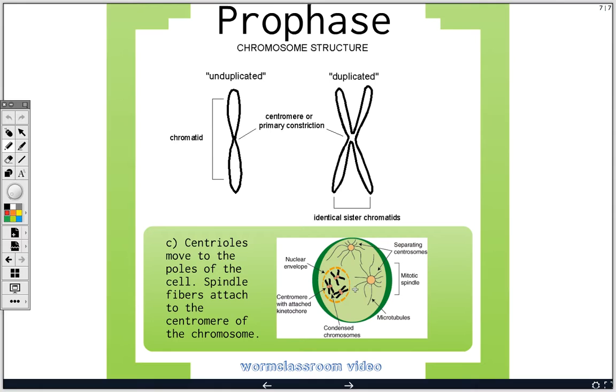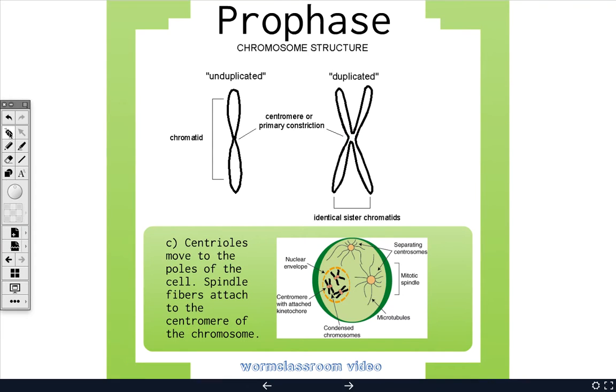They start attaching those fibers to the center of a chromosome, which is called a centromere. A lot of definitions in this. So a centromere is sitting in the middle of that. So that's what prophase is and what it looks like.